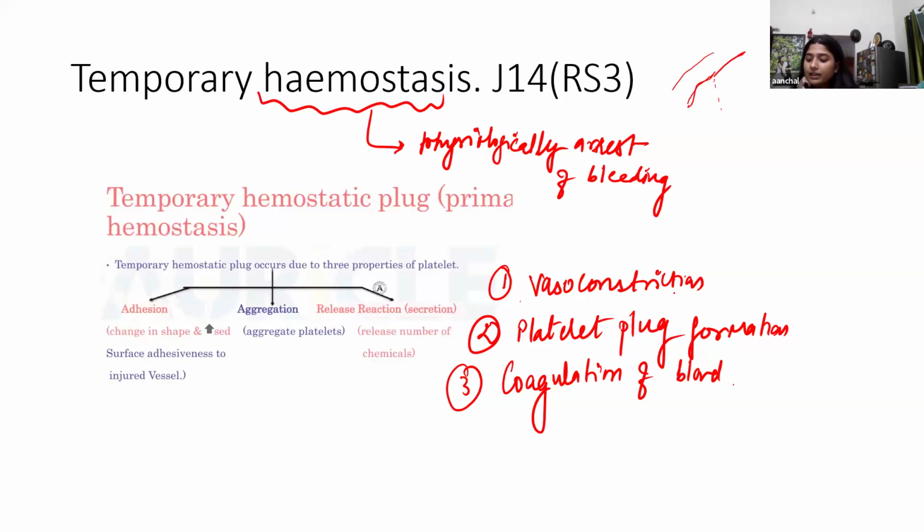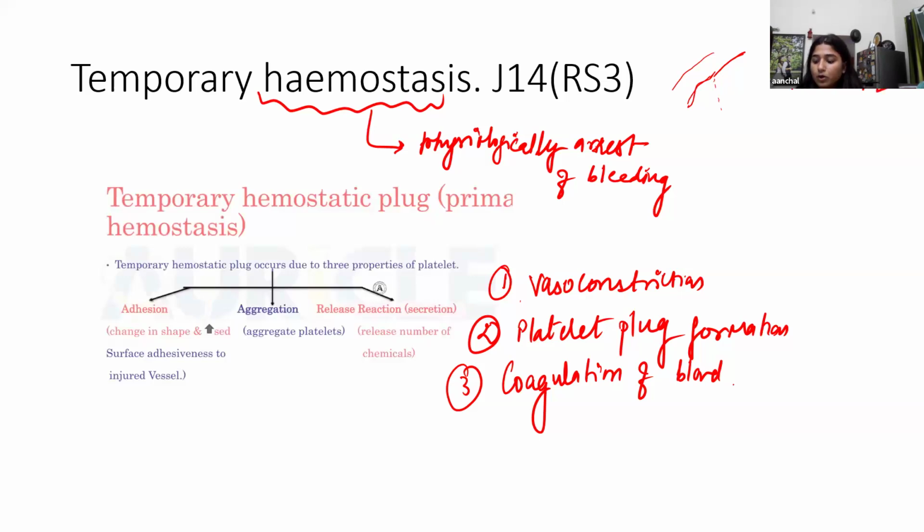Then next we have the platelet plug. Basically, formation of the platelet plug occurs by the process of adherence and aggregation of platelets. Platelets adhere to collagen of ruptured blood vessels and secrete a very important substance, that is ADP, adenosine diphosphate. Then second is thromboxane A2.